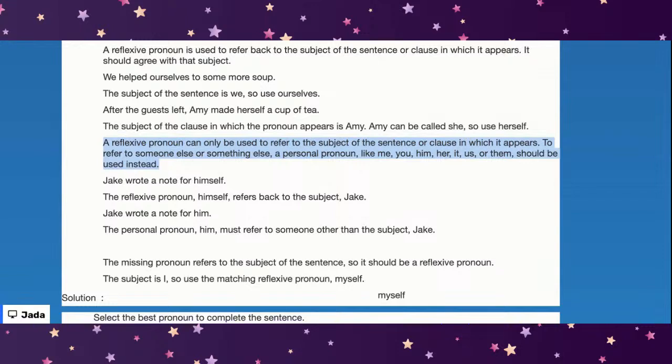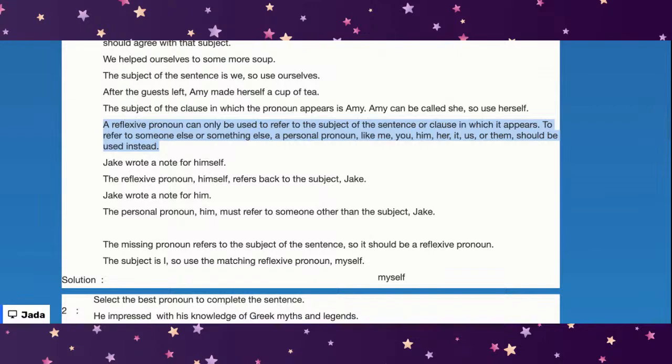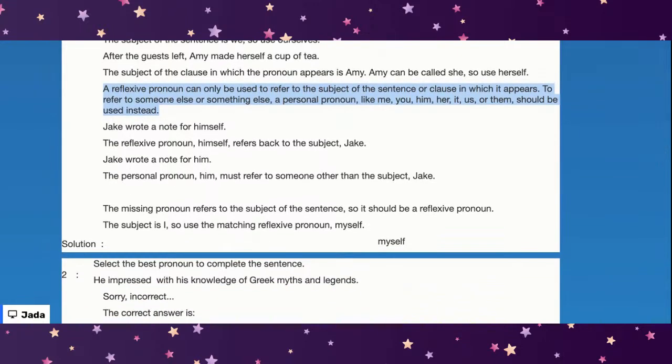Jake wrote a note for himself. The reflexive pronoun himself refers back to the subject Jake. Jake wrote a note for him. The personal pronoun him must refer to someone other than the subject Jake.